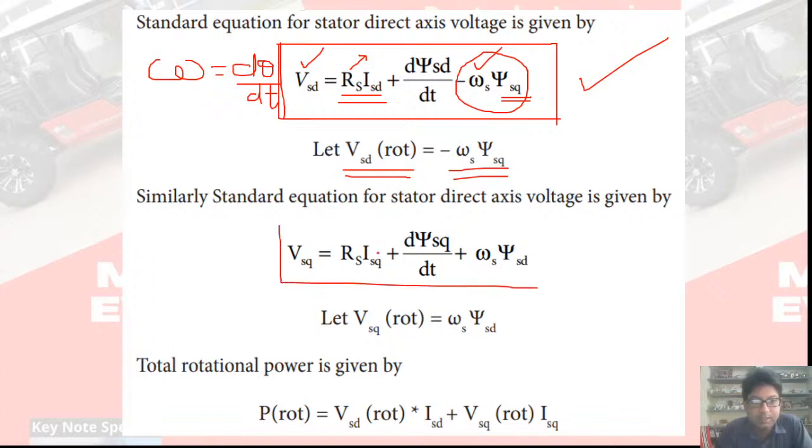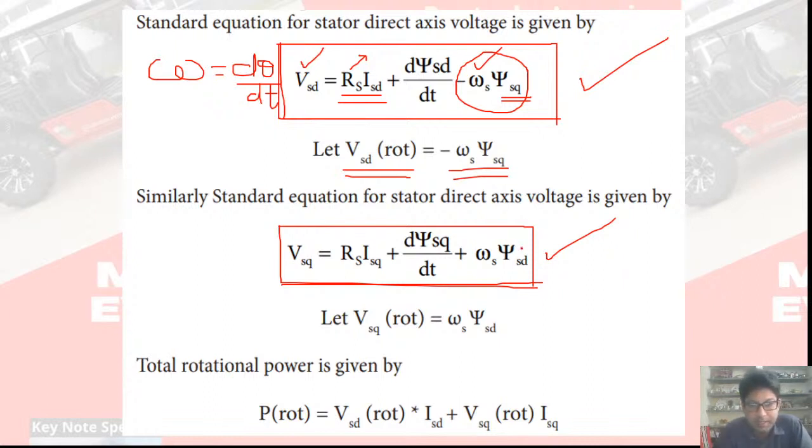Similarly, if you write the quadrature axis voltage equation, it is like this, but it is not opposing, it is adding. If you look at the phasor, you will understand it, but I am not going into all these details, as I am assuming everyone knows the mathematical modeling and the phasor diagram of the motor.